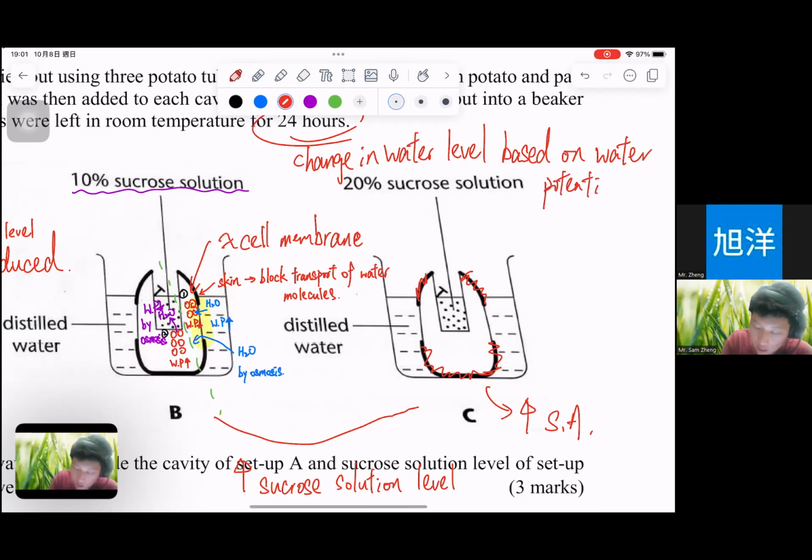If there is a greater water potential difference, then there will be a greater change.